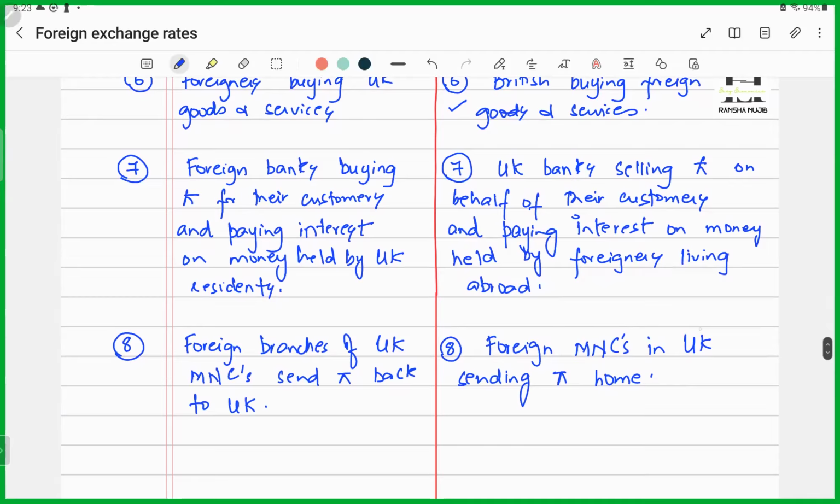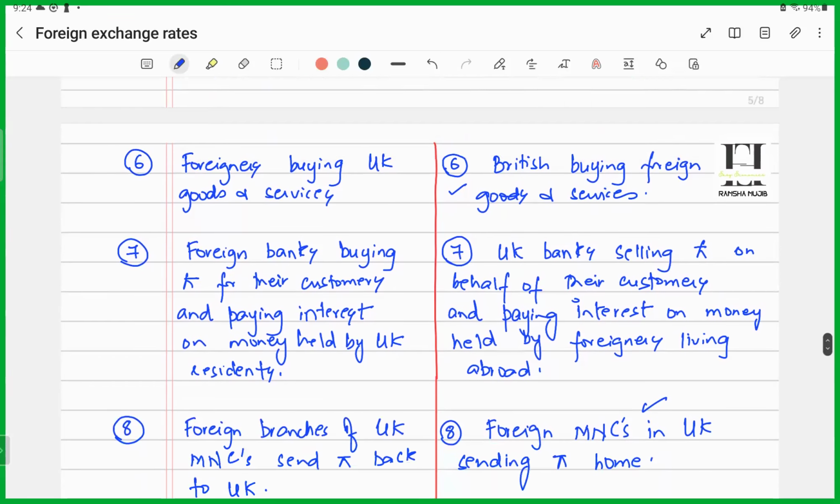Or MNCs who are working in the UK and sending profits back home. They would be converting the profits generated in pounds back to their home currencies and sending it back to their countries, or it could be repatriation of profits as well.